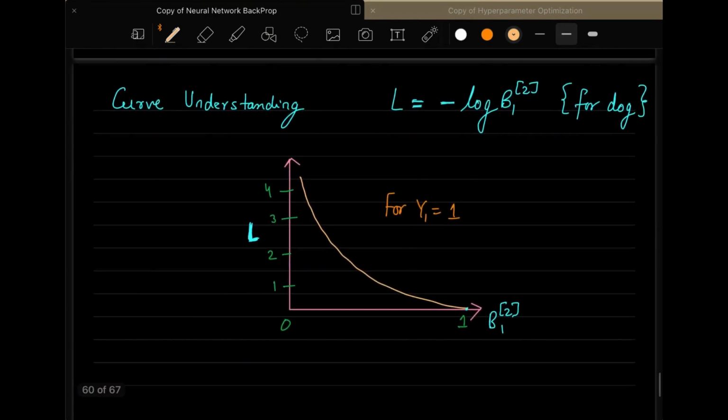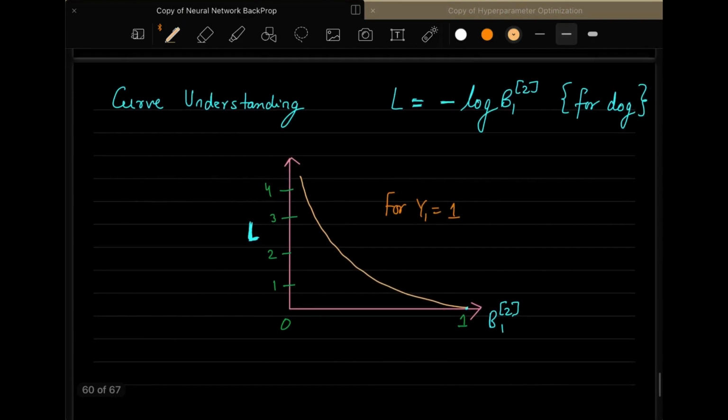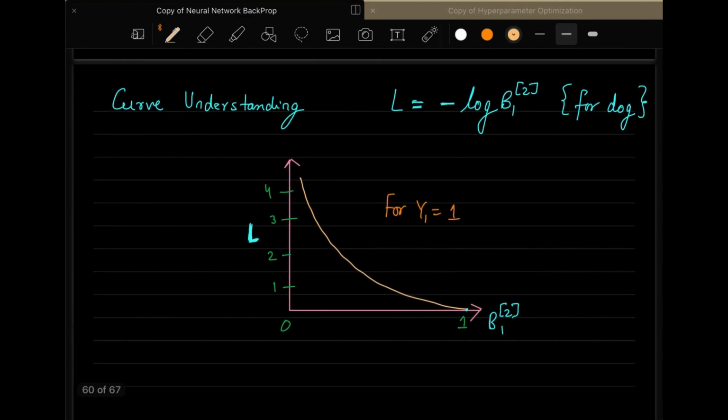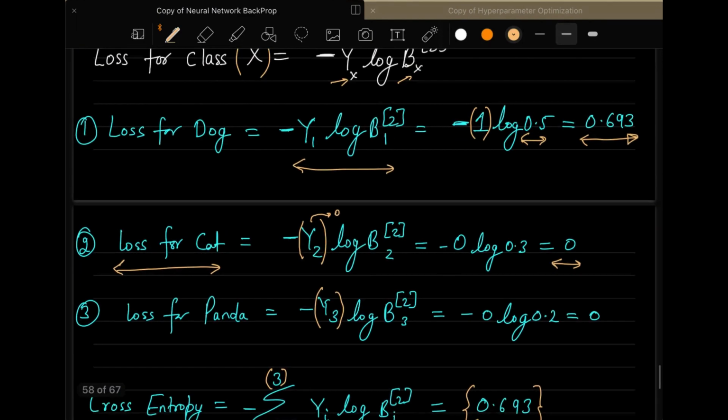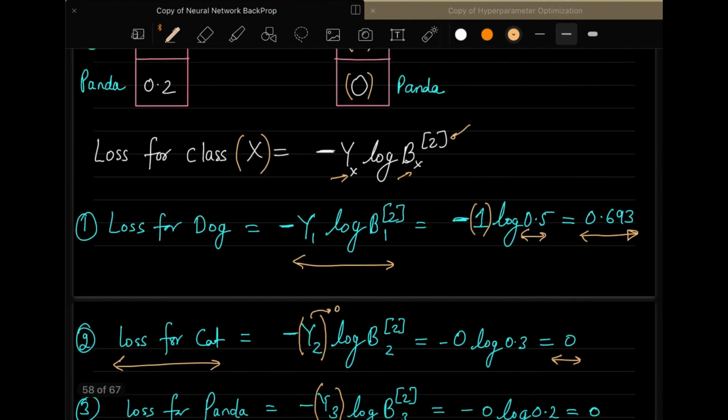Now I want to give you a physical understanding of why this particular loss makes sense. We have already written it for the case of dog, where y1 will be 1. So what is left is minus log of b2 1. Right now we have kept the value as 0.5, but now I will vary this value.